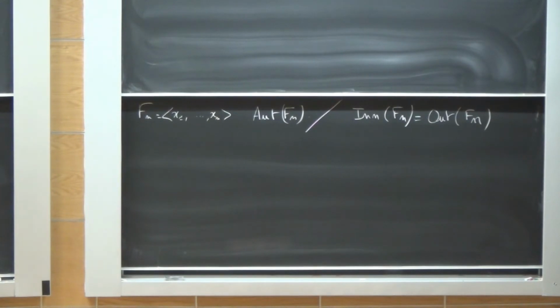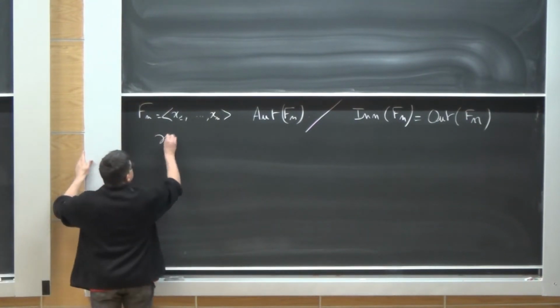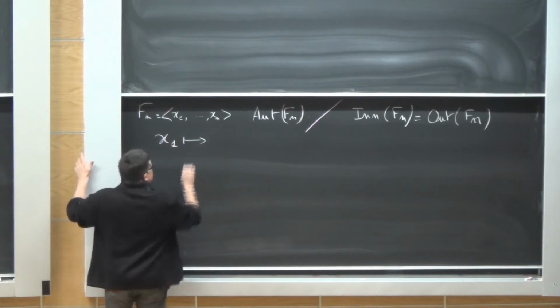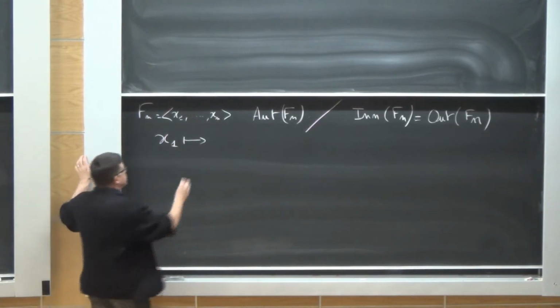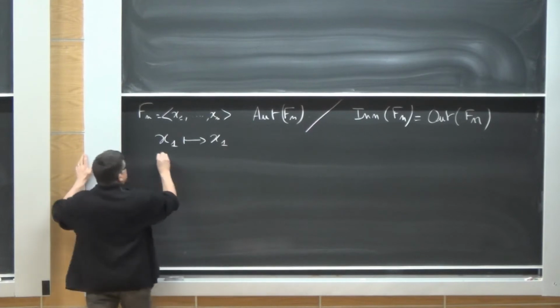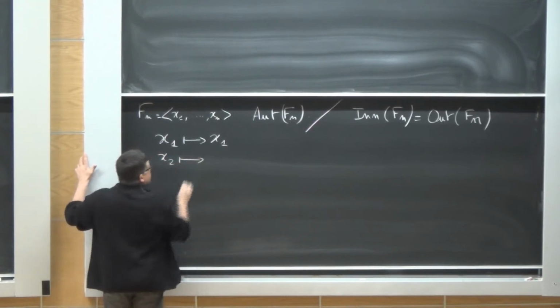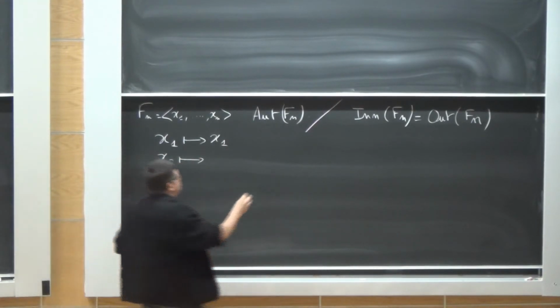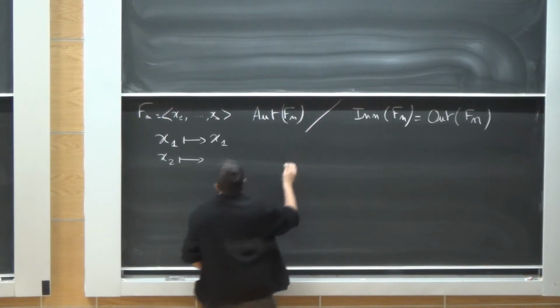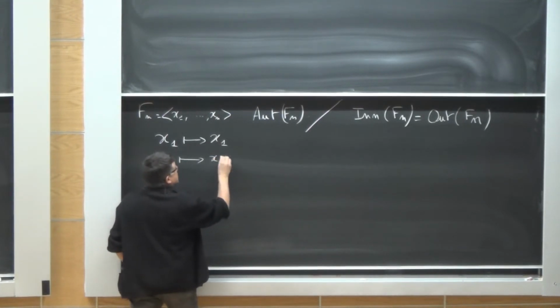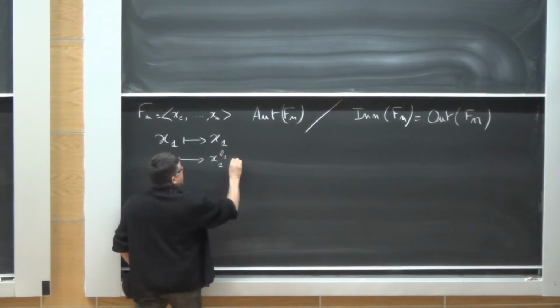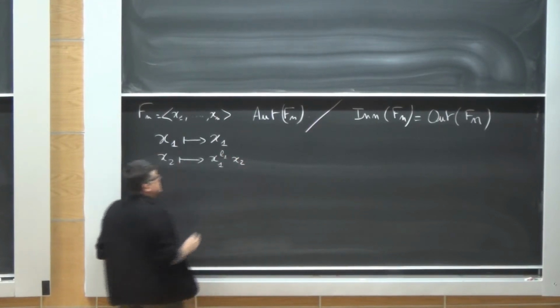Okay? So, my first example is the following. You send x1 to x1 itself. Then you send x2, and you pick a certain element, or let's say x1 to the L1, x2.